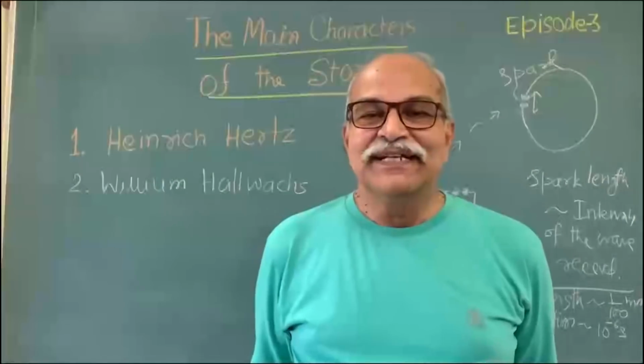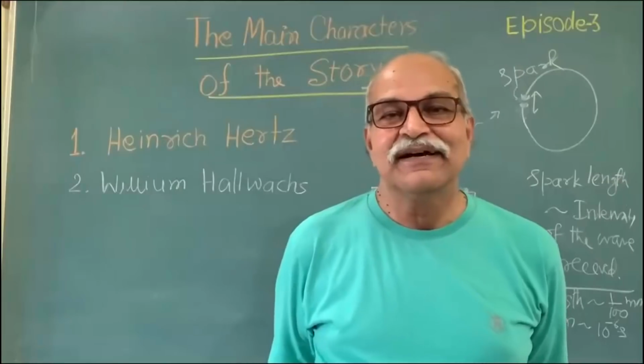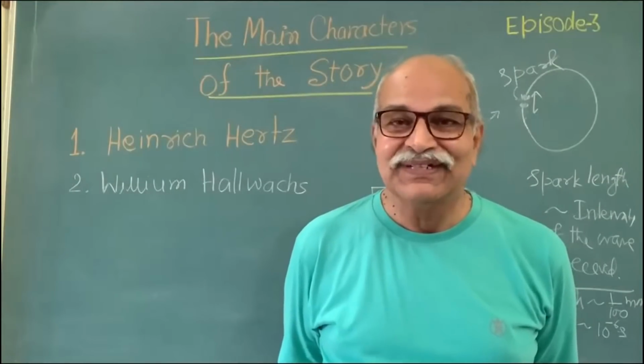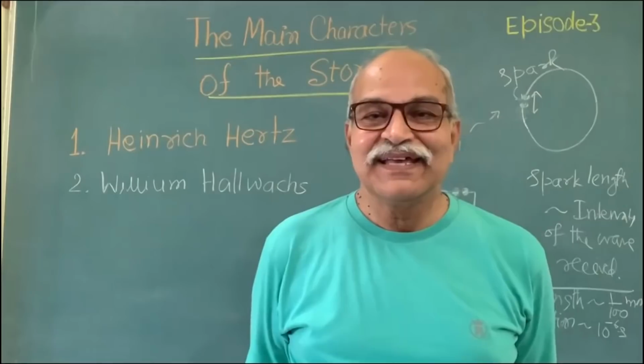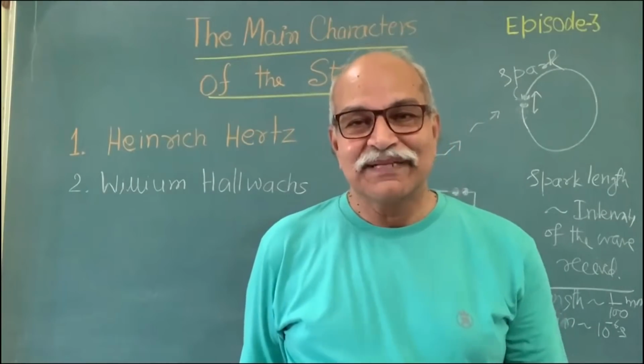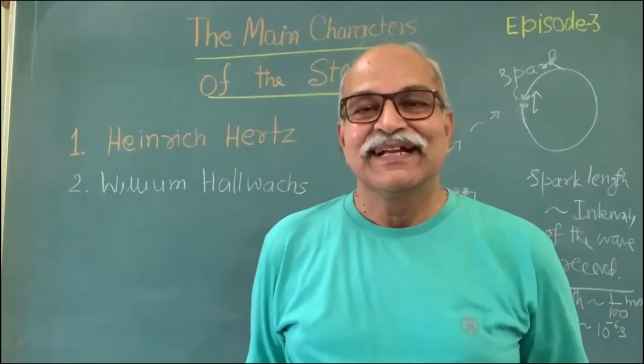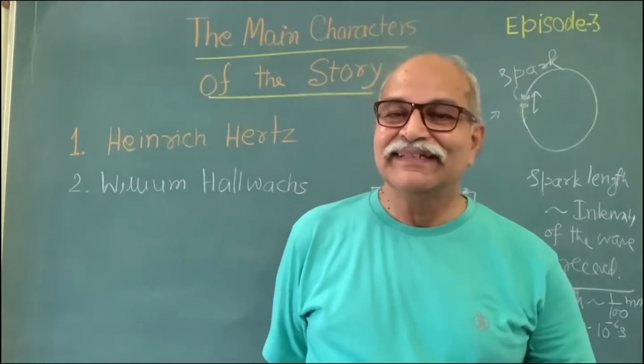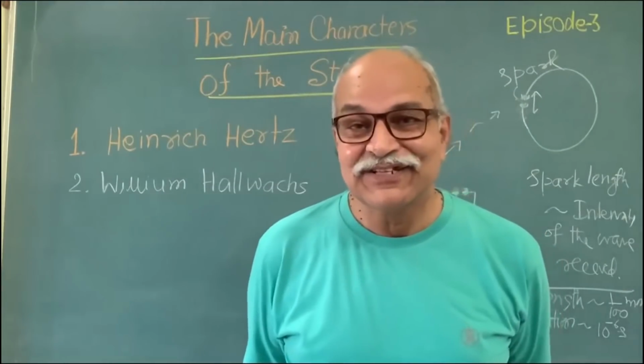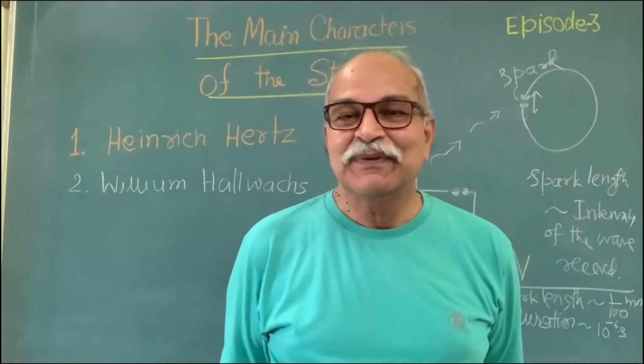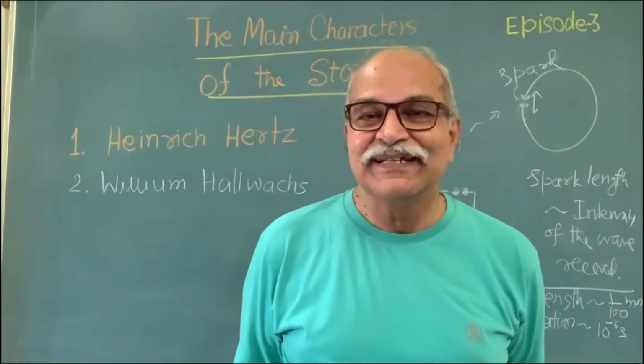So you see a dedicated work of Hertz on the interaction of light with metals under certain conditions, causing the spark length in his setup to change. The experiment, as you have seen, is very elaborate.